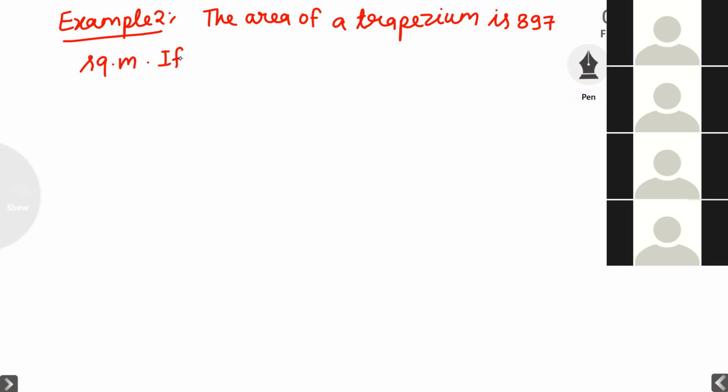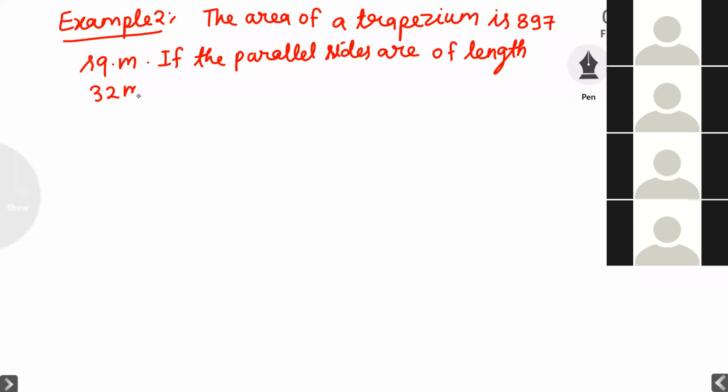If the parallel sides are of length 32 meter and 46 meter, what is the distance between the parallel sides? Start solving everyone this question.